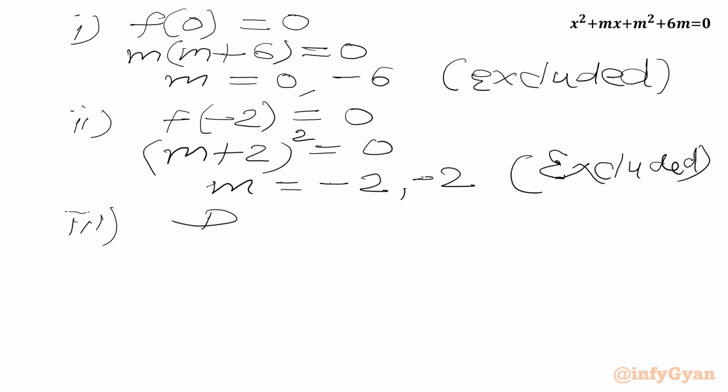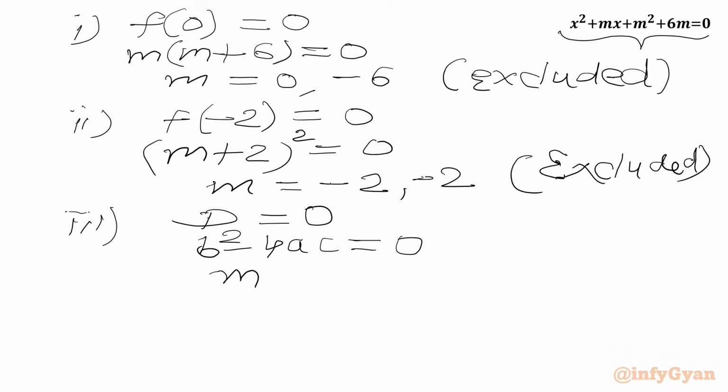Now we will check our third boundary condition, which is discriminant equal to 0 or double roots. So d equal to 0, b square minus 4ac equal to 0. Now b is the coefficient of x, so we write m square minus 4 times 1 times c, where c is m square plus 6m. So m square minus 4 times m square plus 6m equal to 0.